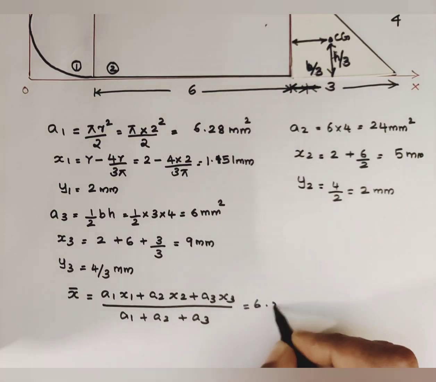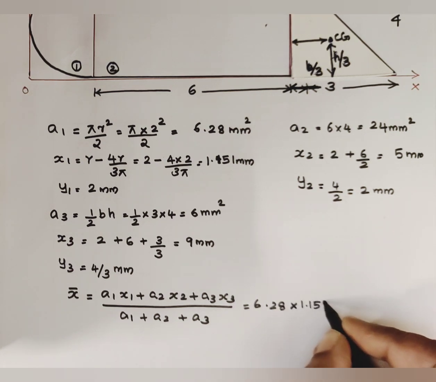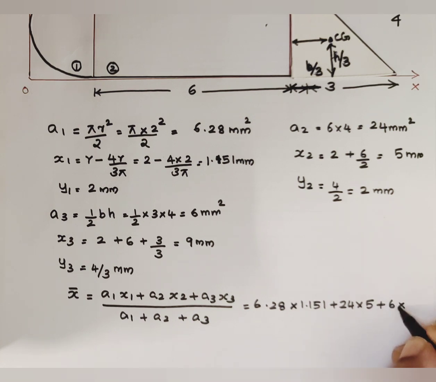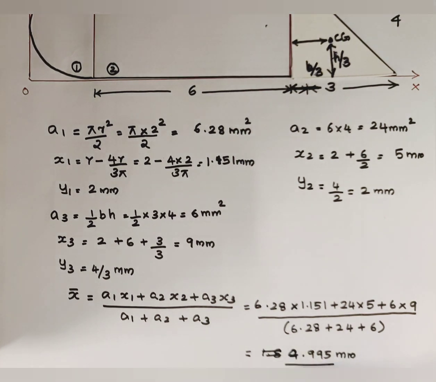So this is equal to 6.28 into x1, that is 1.151, plus a2 is 24 into 5, plus 6 into 9, divided by 6.28 plus 24 plus 6. So this is equal to 2.995 millimeter. Sorry, 4.995 millimeter.